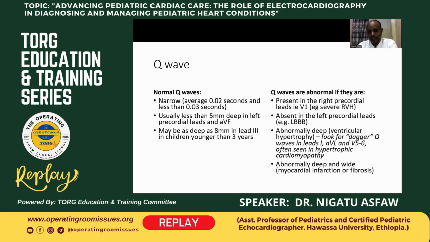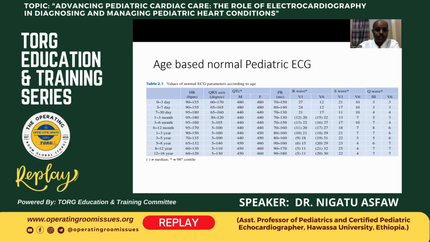And if there is an abnormally deep Q wave in left lateral leads like lead 1, AVL, V5 to V6, that will show hypertrophic cardiomyopathy, which mainly affects the left chamber. And if there is an abnormally deep and wide Q wave, that shows myocardial infarction or fibrosis.